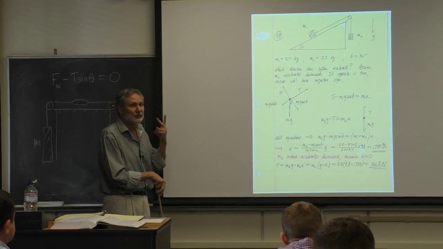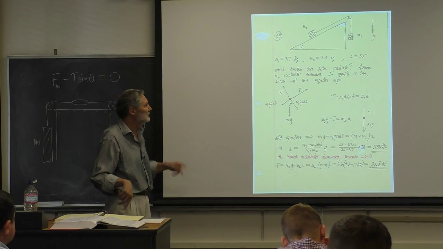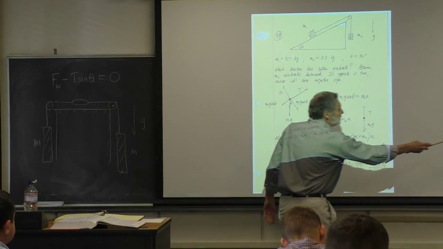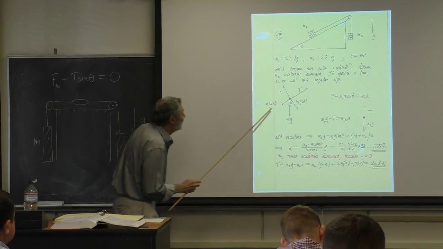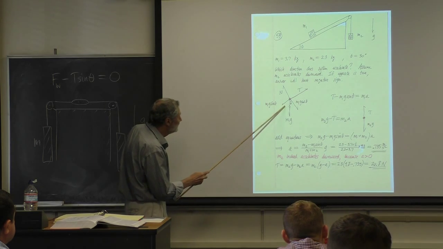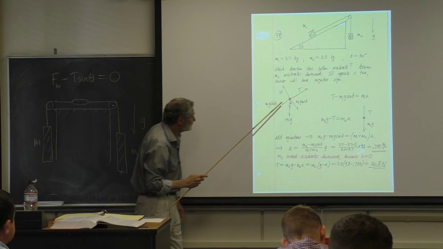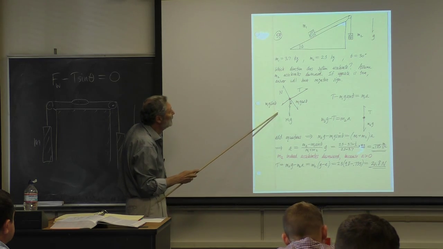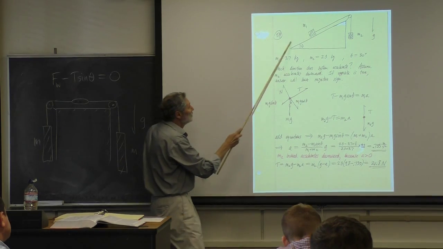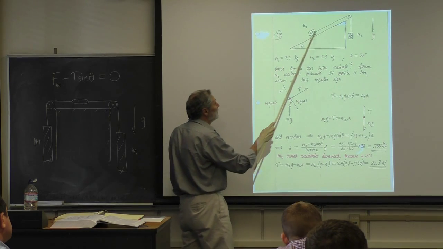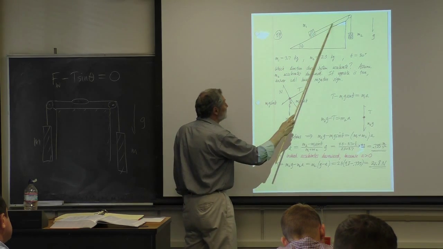Now we have two force diagrams because we have two bodies. That was really one of the points behind doing this problem in class. And here's the one on the incline, same angle here. What's relevant is that the acceleration is going to be in this direction.